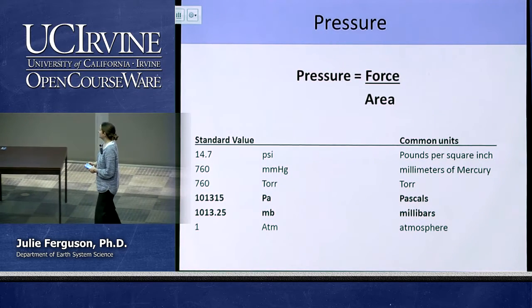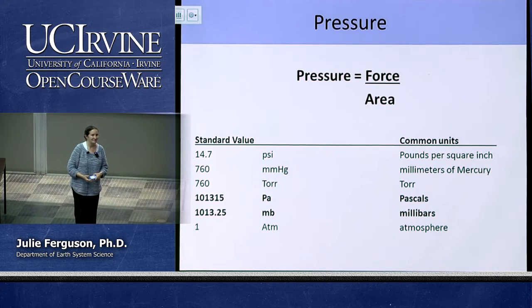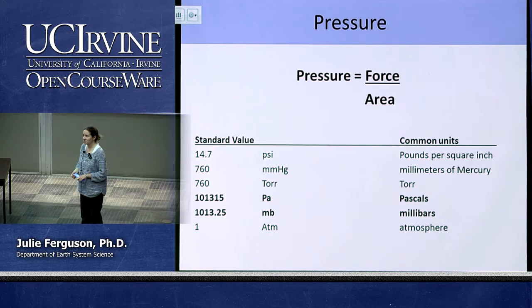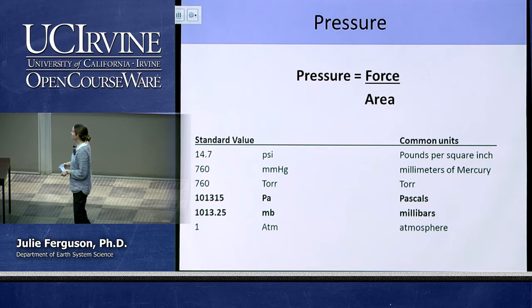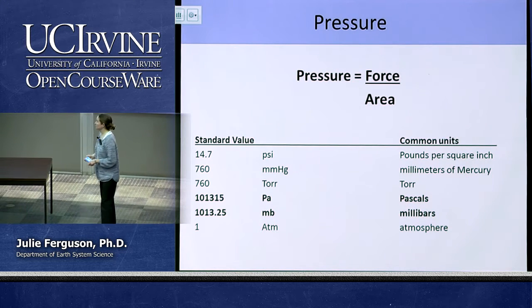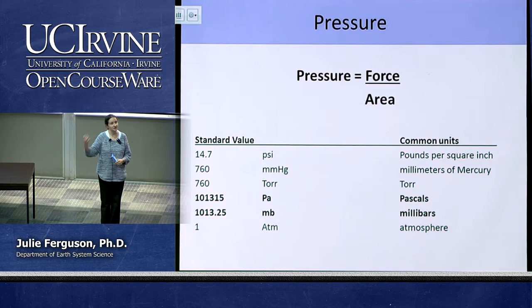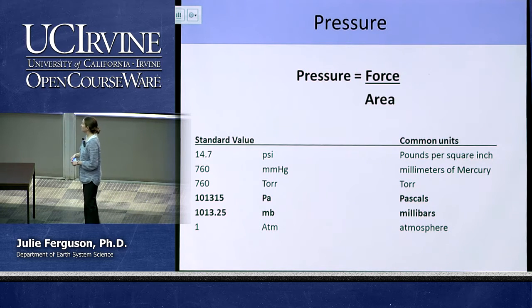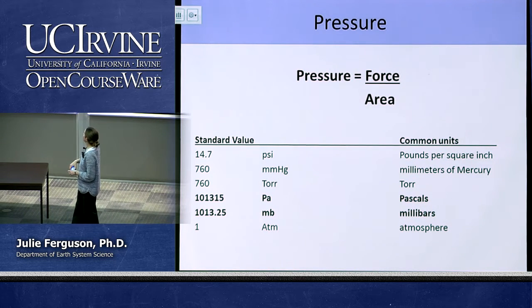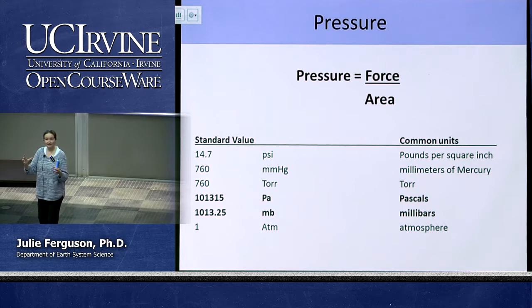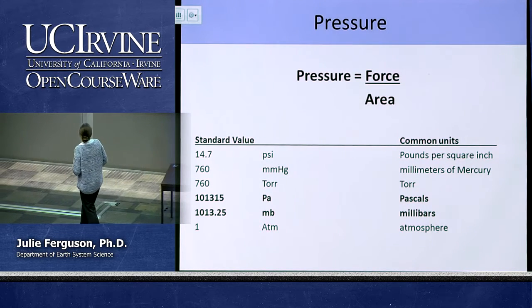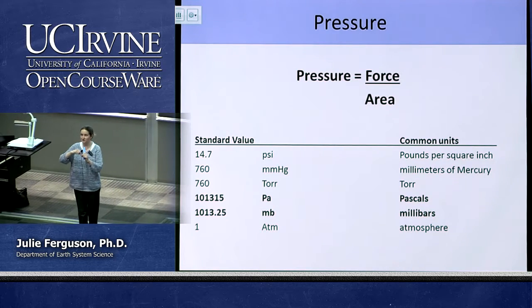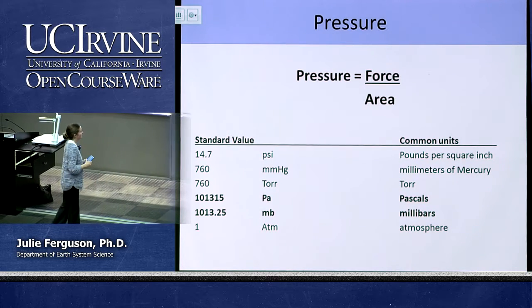Okay? And unfortunately for us, meteorologists, people that deal with pressure, are not very decisive about what unit they want to use. And so if you're reading books, if you're looking online, you might find a whole bunch of different units. And so you can see PSI, which is pounds per square inch. If you ever get gas cylinders, then that's often what they are measured in. We get millimeters of mercury, because that used to be how we measured pressure.